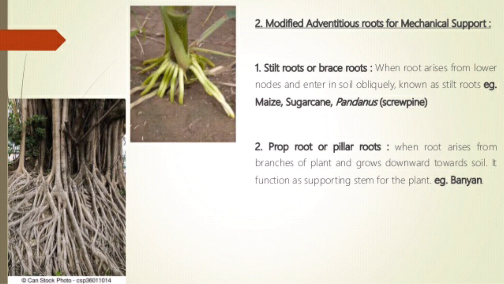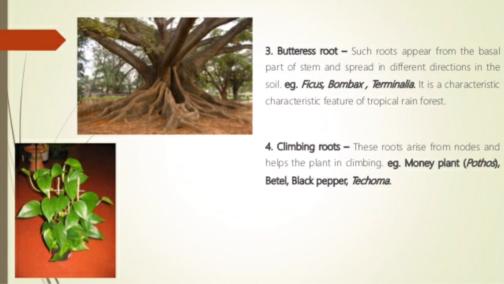When roots arise from branches of plants and grow downwards towards the soil, they function as supporting stems for the plant, as in the case of banyan. Buttress root. Such roots appear from the basal part of the stem and spread in different directions in the soil. Ficus, Bombax, Terminalia. It is a characteristic feature of tropical rainforest.